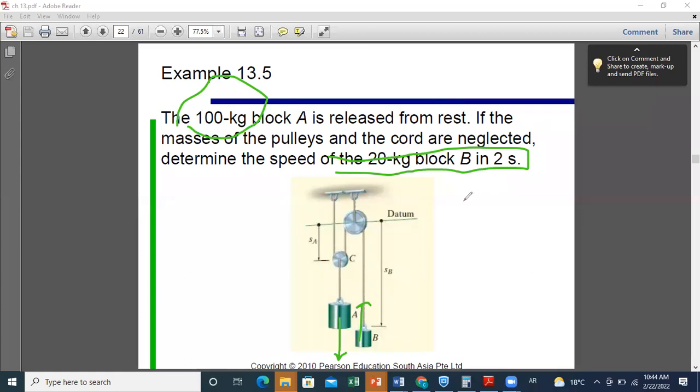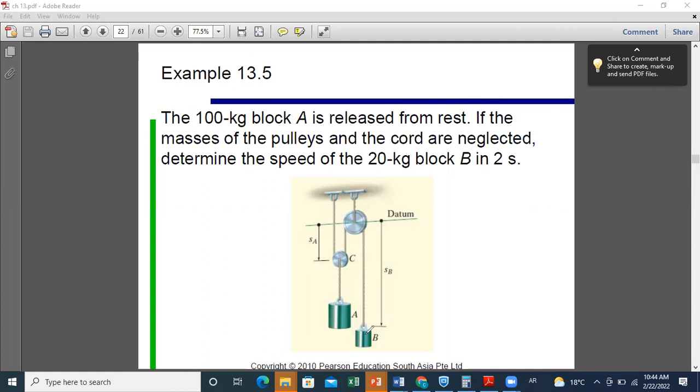Because they didn't give us any information on the speed of A or B, we should calculate velocity. And to calculate velocity, we need to find what first? Acceleration. And to find acceleration, we should think about which law? Newton's second law.